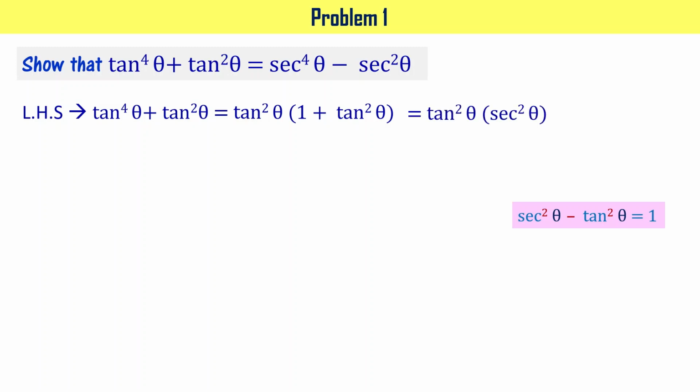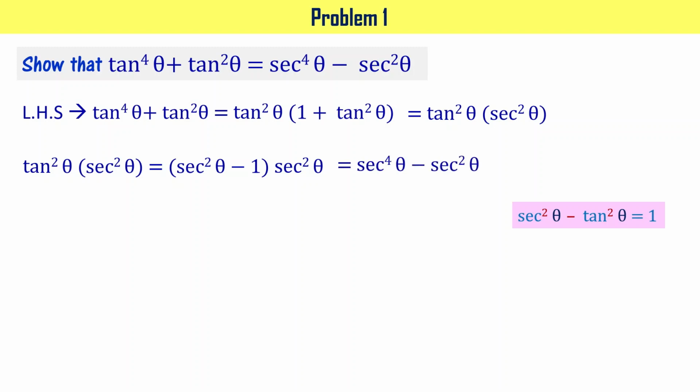Let's rewrite it as tan square theta times sec square theta. From the same trigonometric identity, now tan square theta can be written as sec square theta minus 1, right? When you do that, it becomes sec square theta minus 1 times sec square theta, right? That can be rearranged and written as sec power 4 theta minus sec square theta.